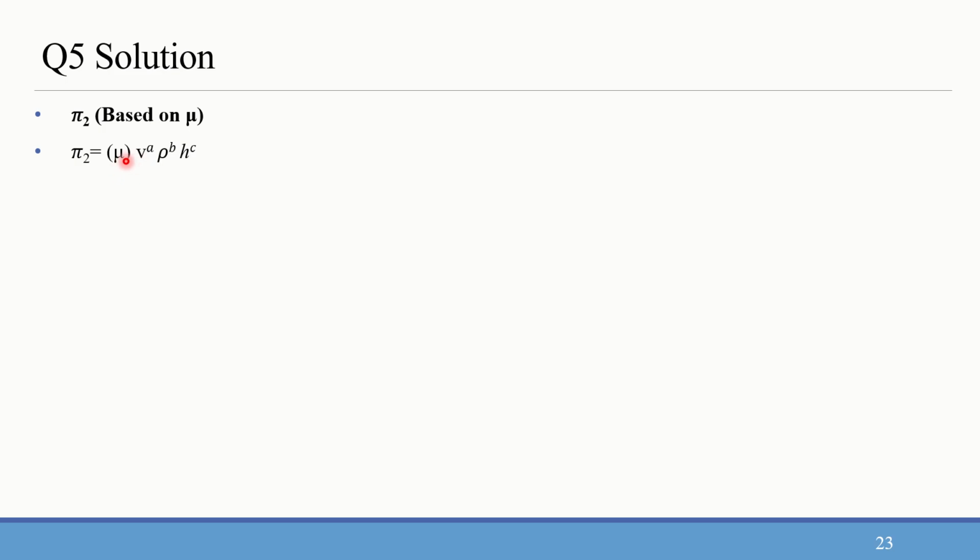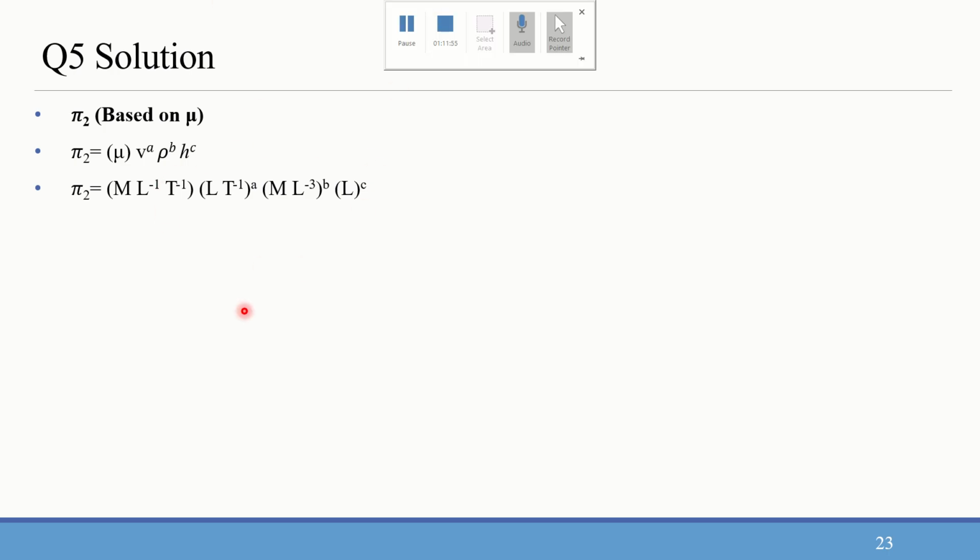So it is mu into V to the power of A, rho to the power of B, H to the power of C. So substituting it, unit of mu is kg by meter second, so it is M, L minus 1, T minus 1. Similarly for the rest of the things, we are writing the original dimensions, and we are having the powers.